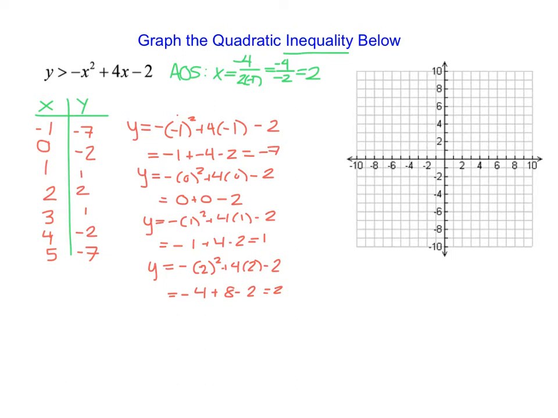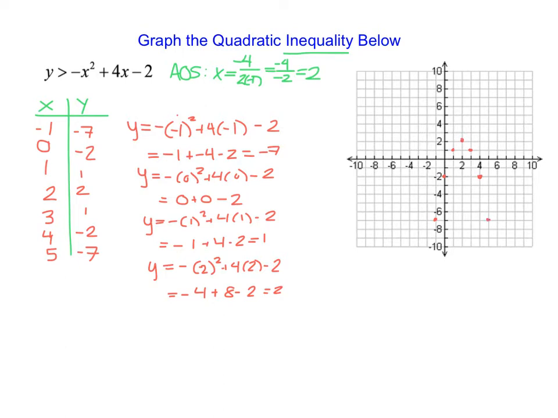So just by using some basic algebra, I can calculate my points. Now I'm going to plot these. So I have x is -1, y is -7; 0, -2; 1, 1; 2, 2; 3, 1; 4, -2; and the last one is 5, -7.